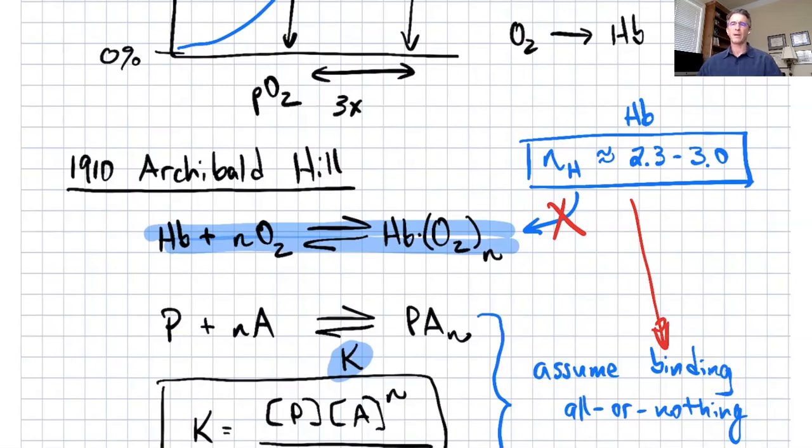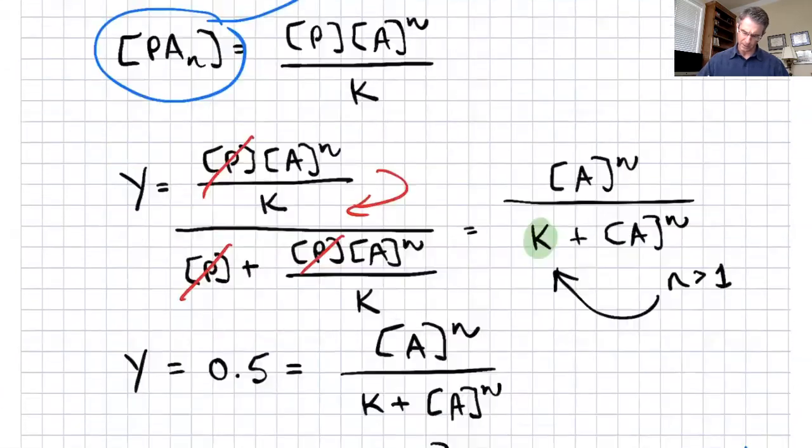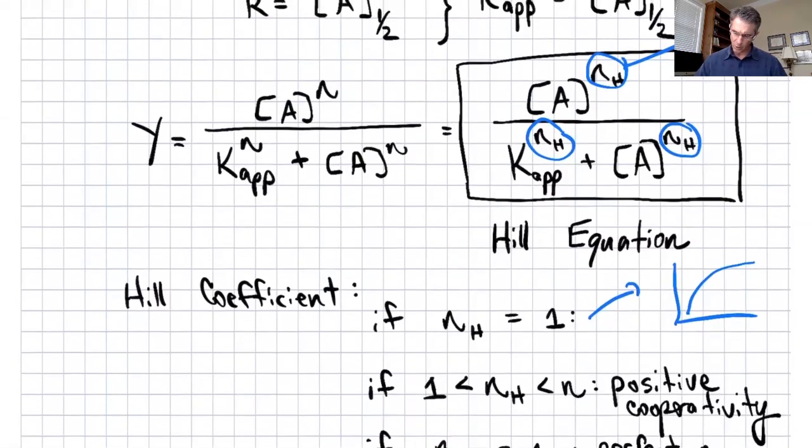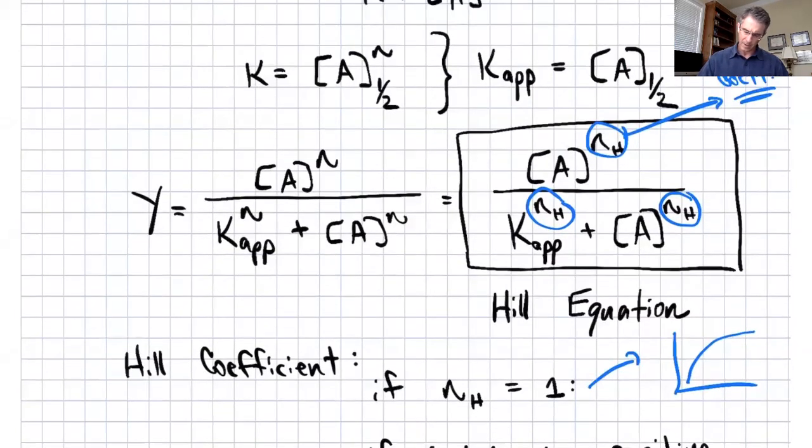Despite that flaw, this is still an incredibly important equation and phenomenon for you to know, in particular the Hill equation. The Hill equation and the Hill coefficient are considered incredibly important operational parameters for the extent of cooperativity, or how cooperative a cooperative system happens to be.